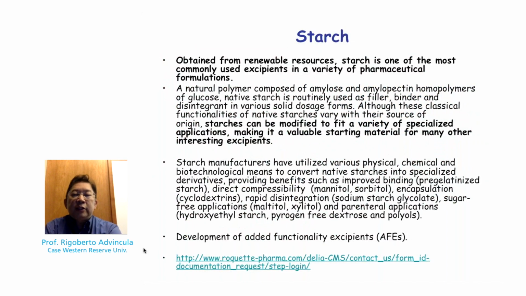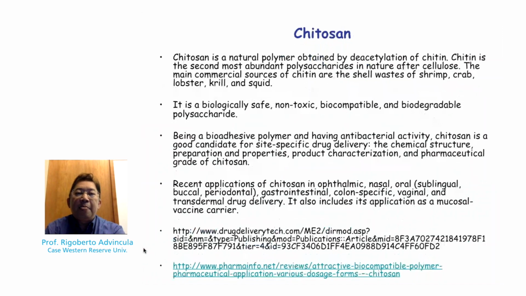Now, starch is easier to talk about simply because we identify them with food. But again, these are very popular polymeric drug excipients. They can be derivatized to specific types of starches, and a number of them have very specific action and counteraction with the drugs that are used to compound them.